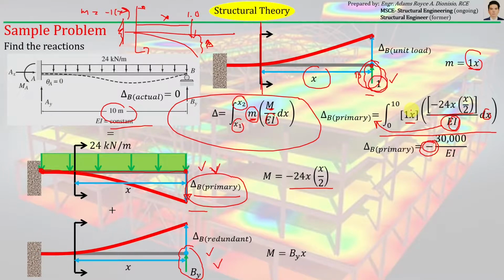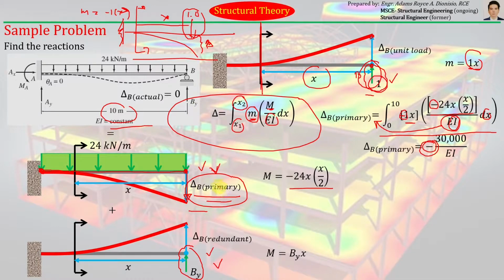So you can see here, the negative here and the negative here will just cancel out. It will show that the unit load that we have on our structure has the same direction as our primary deflection, which is the case for the virtual work method.